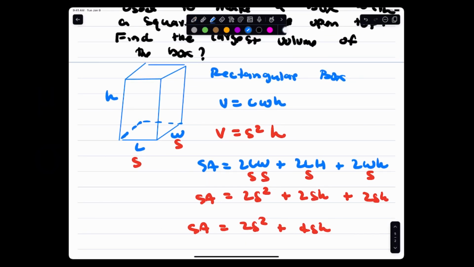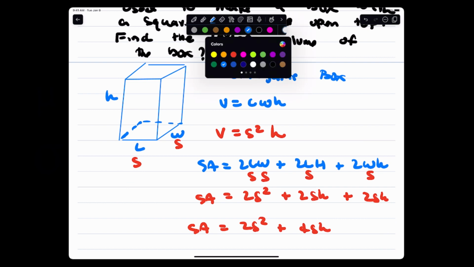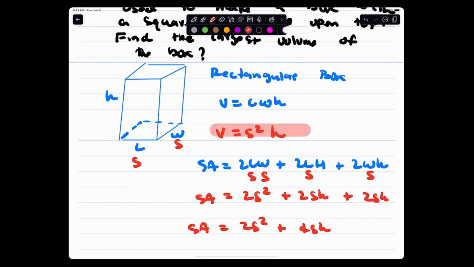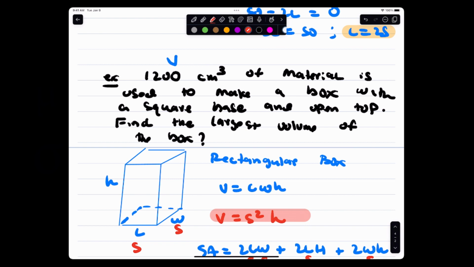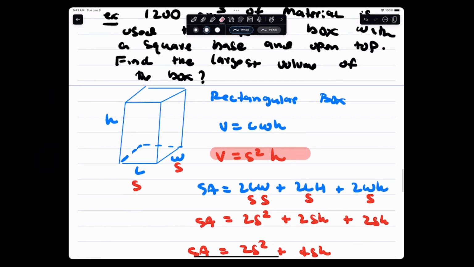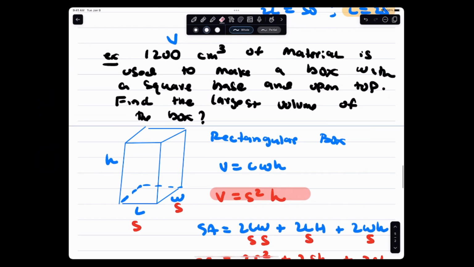So I want you guys to know, these are like the key equations here, that they're giving you a volume of material to make a box with a square base, open top. I think it's really find the dimensions. Let's find the dimensions with the largest surface area. Let me change this here.